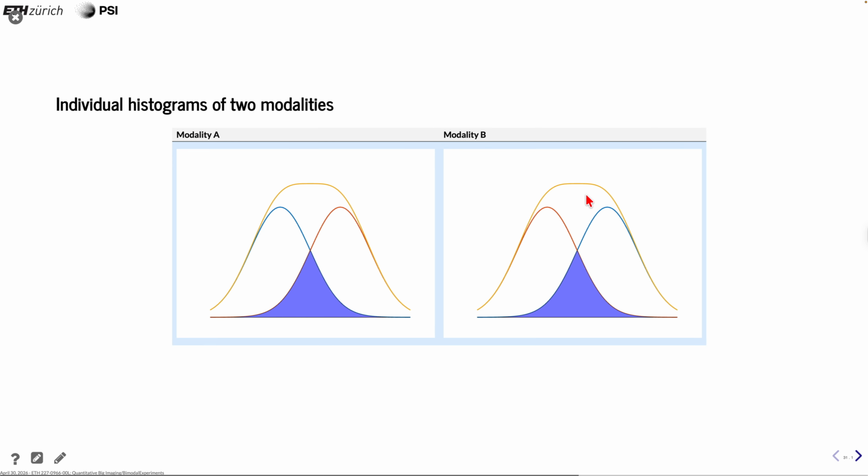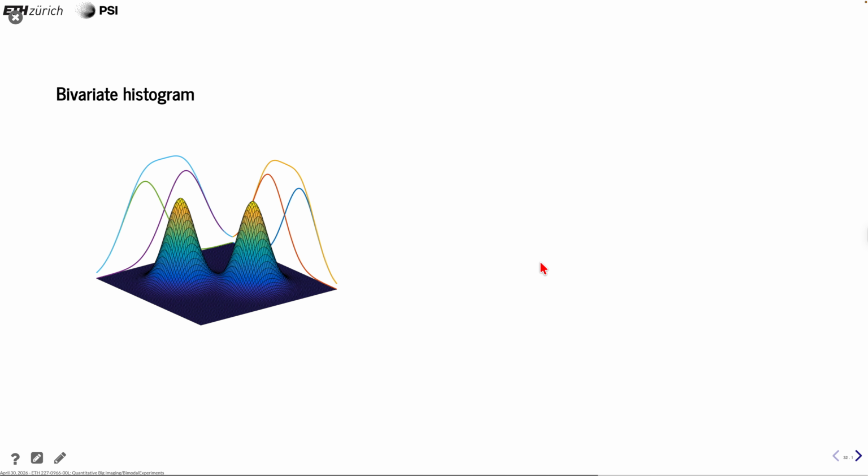Right now it's very hard to do a good threshold, but if we combine them into a bivariate histogram, that means every pixel in the 2D histogram is a combination, or count, of what you have from modality A and from modality 2.